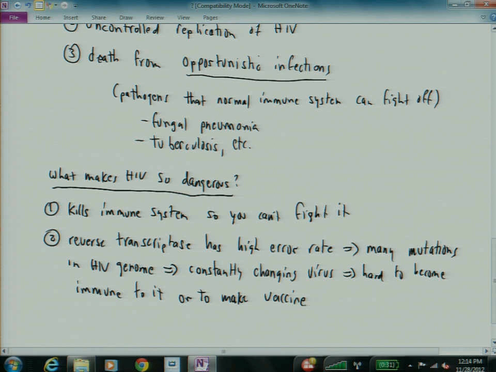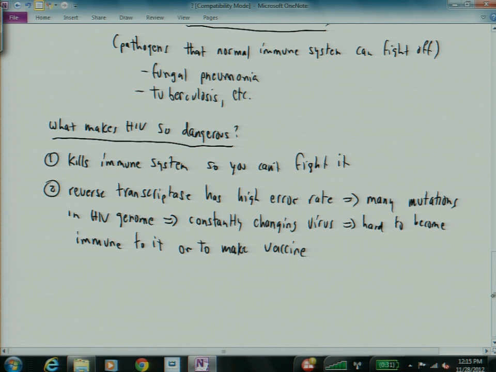And the last thing is what I alluded to yesterday: you're infectious for a long time. And that leads to widespread epidemic.